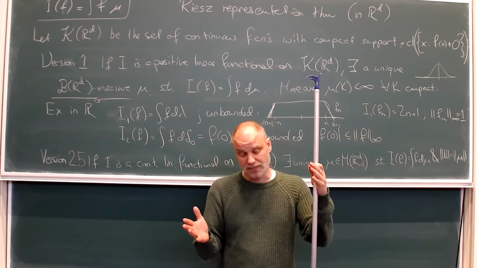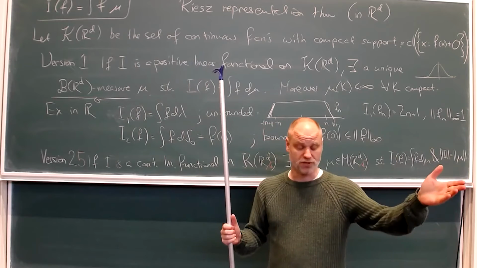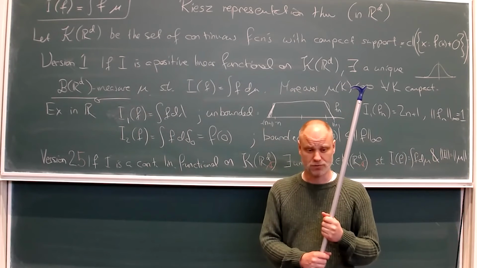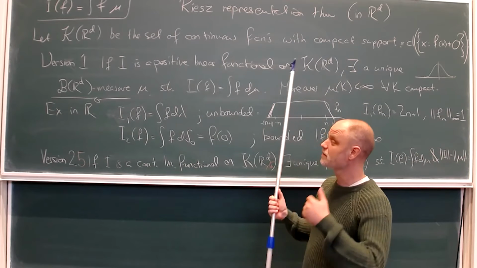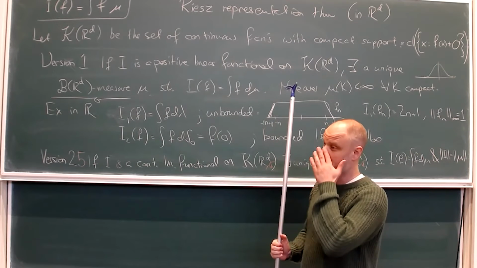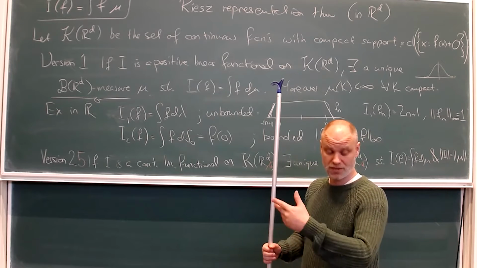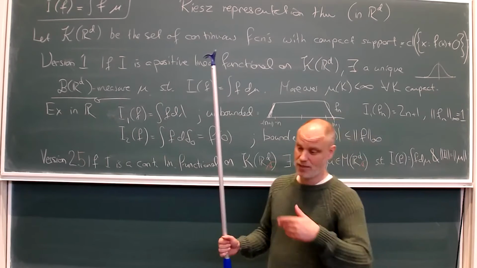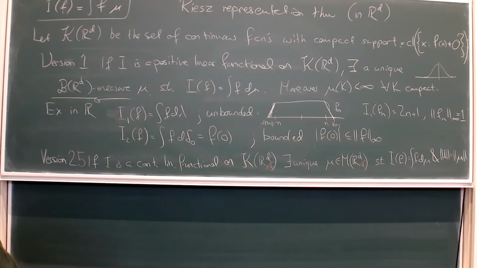Once you have that splitting, then you just apply version 1 to the positive part and the negative part separately and add things up, right? So then from this you get a measure mu, which is finite because of the boundedness. That gives you the one half of your linear operator, and then you get a finite measure from the negative part, and you just add them together, and then you have to check the norms, whatever.